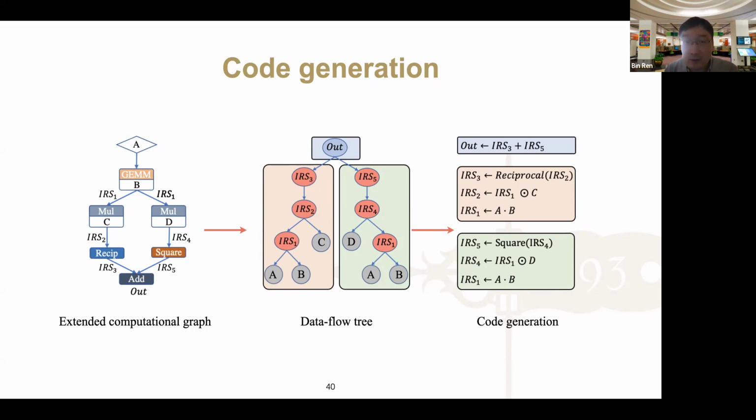And then we can follow this data flow tree to generate the fusion code. For example, in this example, we are going to follow its left subtree at first to fuse the left part of this computational graph, and then follow the right subtree to fuse the right part of this extended computational graph.